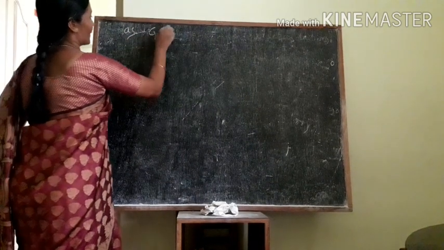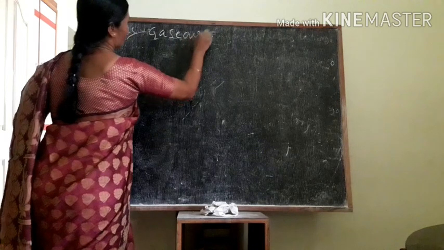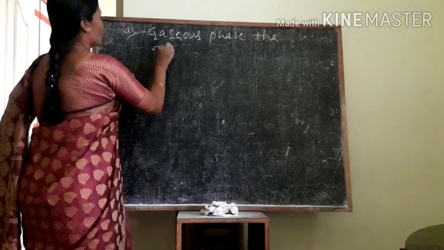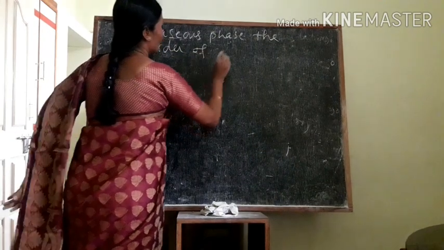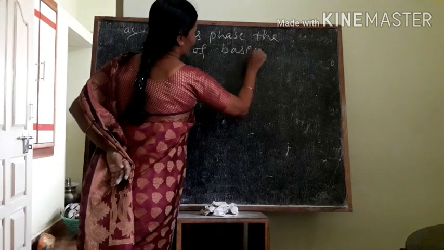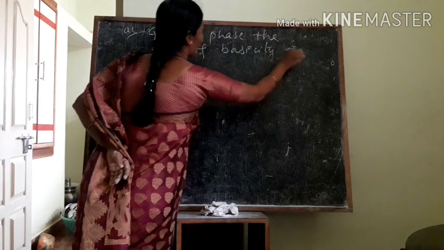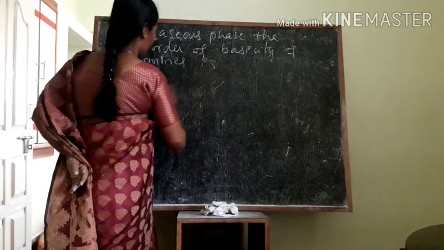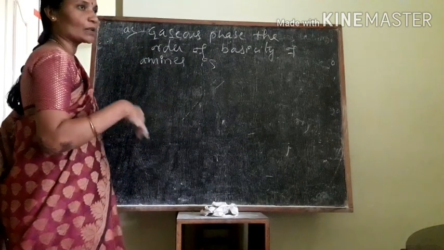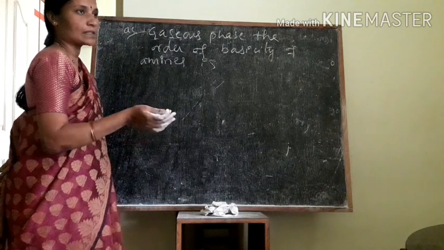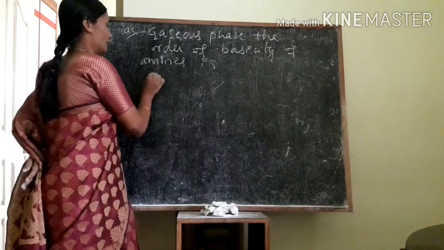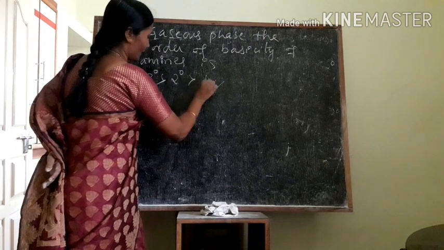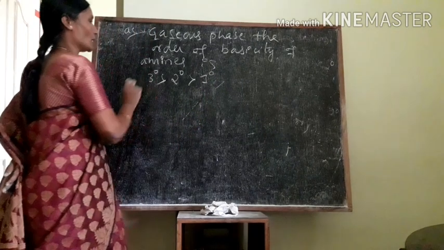In the gaseous phase, the order of basicity of amines is such that the more alkyl group donors there are, the more basic in nature. That is, tertiary is more basic than secondary, than primary. This is said to be more basic.